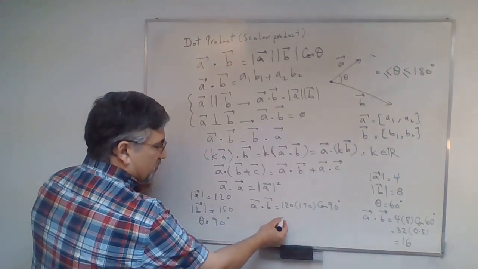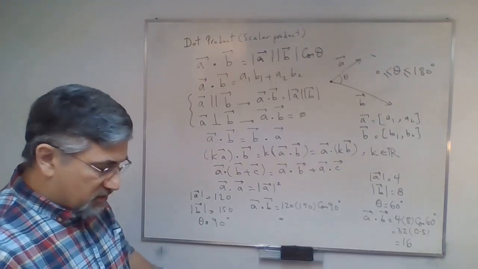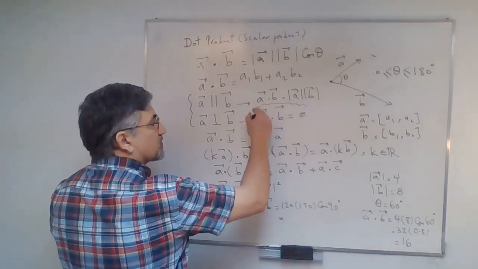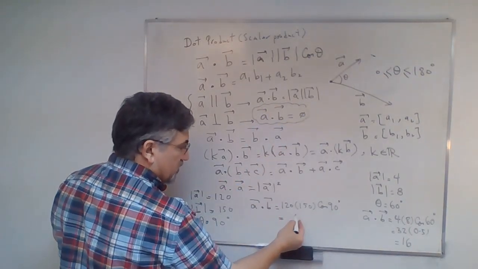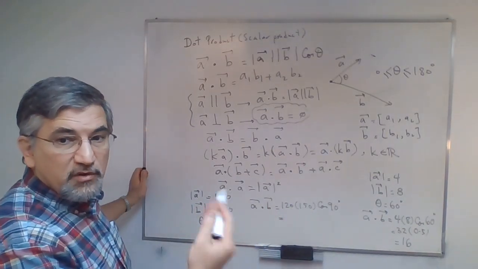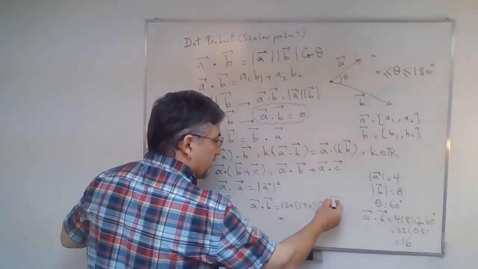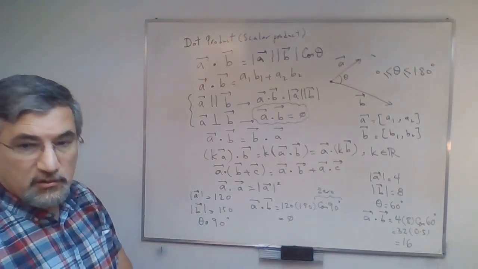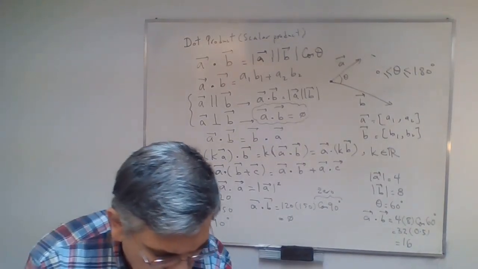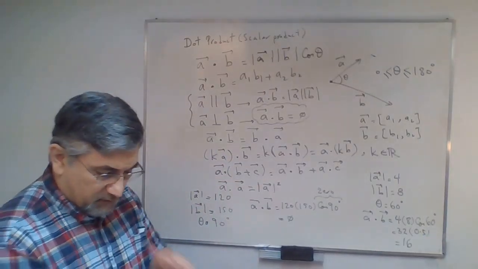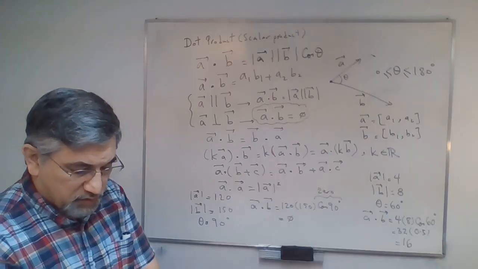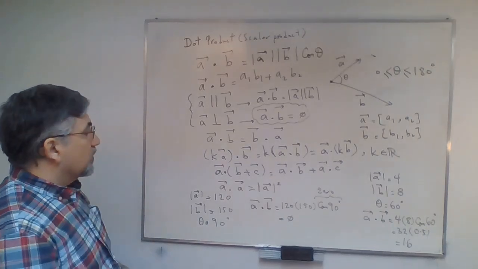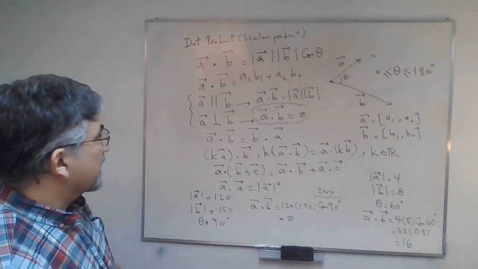We knew from before, if two vectors are perpendicular, their dot product is 0. That was the most important property of dot products. So here, 120 times 150 could be whatever, but when you multiply it by a 0, it gives you 0. So the dot product is 0. Sometimes the answer is actually a negative number, because a dot product, end of the day, is a scalar, as I said.